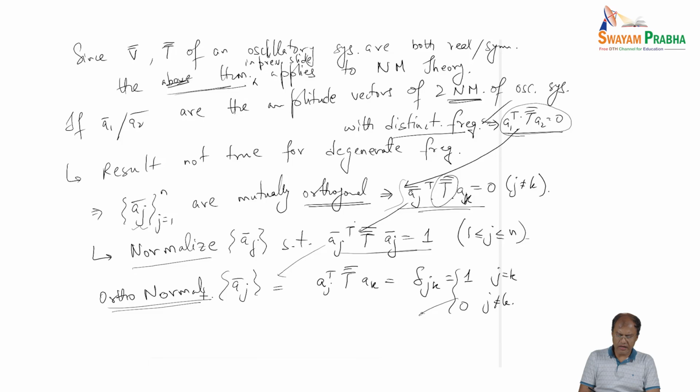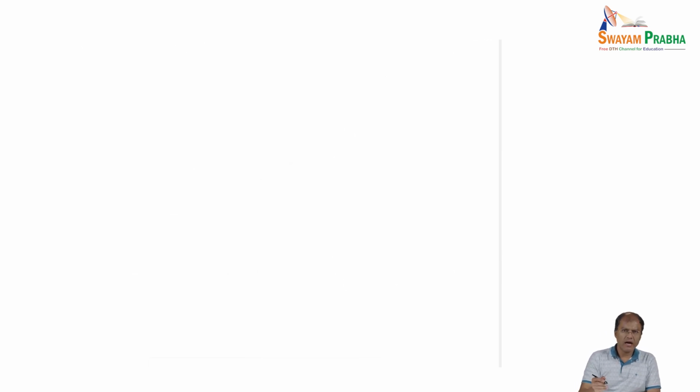Then we have a few more results. The first result is the fundamental result of the so-called Rayleigh minimum principle. Again, it has something to do with these normal modes and the normal frequencies. Let me write down the statement. The Rayleigh minimum principle.